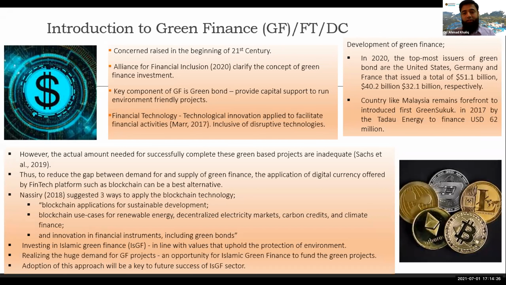For example, the most famous ones are Bitcoin, Ethereum, Litecoin, and the rest. Thus, it seems that the momentum of financial inclusion, efficiency, and productivity can be successfully achieved with this innovative technology. In fact, nowadays it is a precondition for the development of any financial instrument to include green finance.